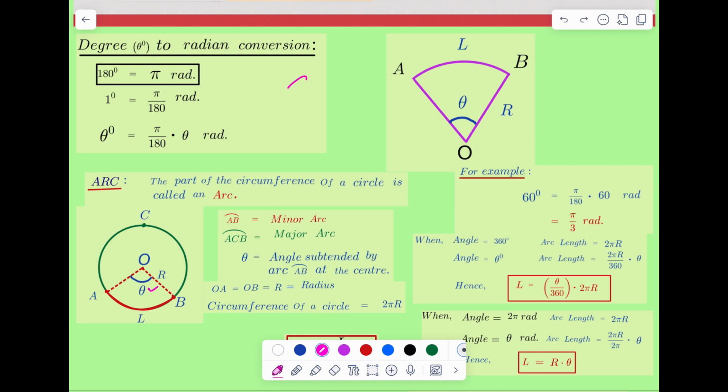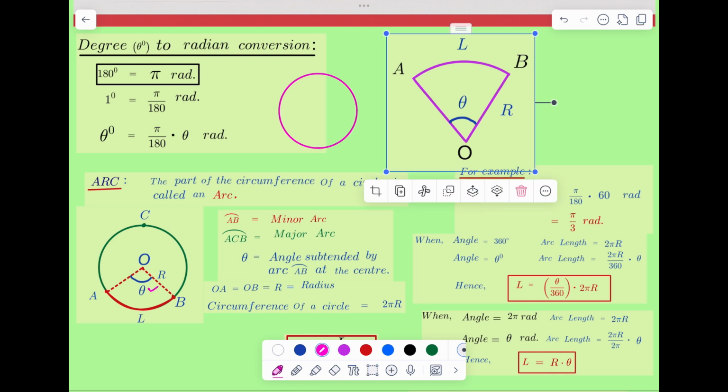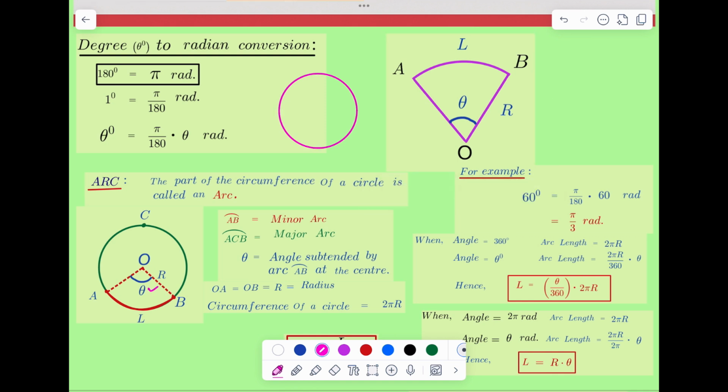Now, if we travel 360 degree along a circle, and r is the radius, then it will cover a distance of 2 pi r. And if we travel theta degree, then the distance will be 2 pi r divided by 360 into theta.